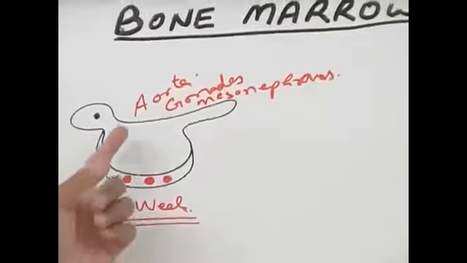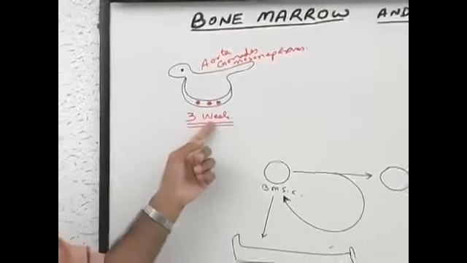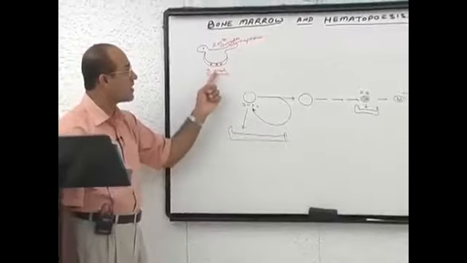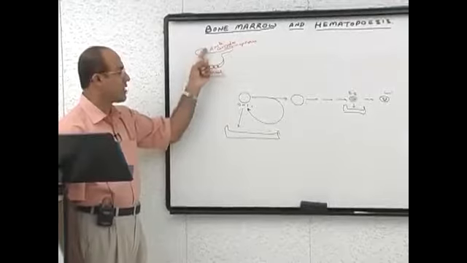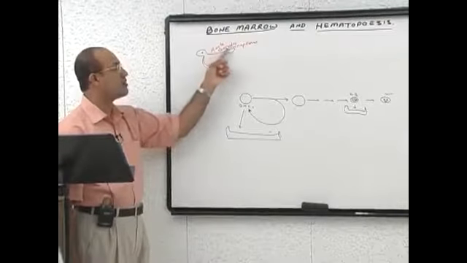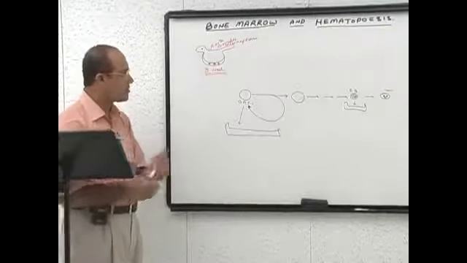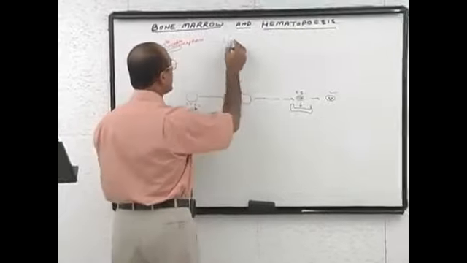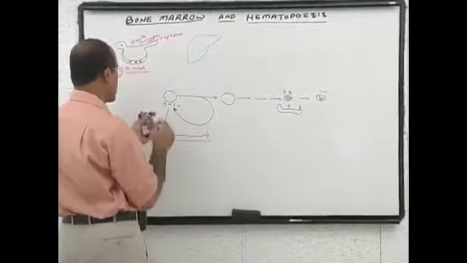So what we have learned is that the stem cells responsible for hematopoiesis, that is, formation of RBCs, WBCs and platelets, first appear in the yolk sac, but they also appear in the mesoderm of the aorta, the mesoderm of the gonads, and the mesoderm related to the mesonephros. These stem cells eventually transfer to the liver of the fetus around the 3rd month.